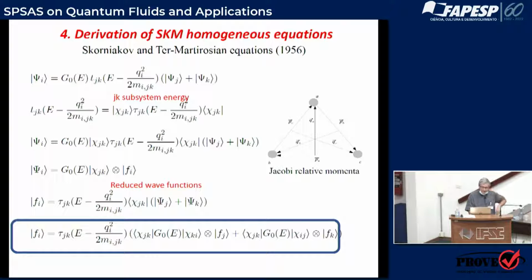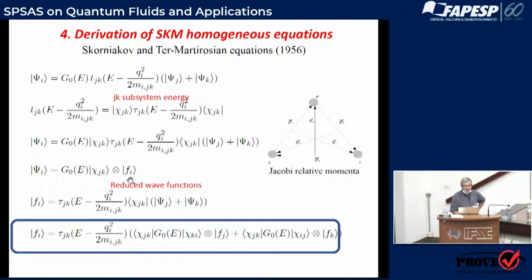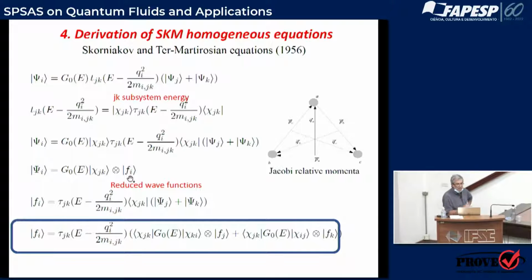And then, introducing this form in the Faddeev equation, we can factorize the dependence on the momentum of the third particle from the relative momentum of the other two. So this simplifies a lot, no? The Faddeev equation. So we just rewrite the Faddeev equations here in terms of this reduced wave function.